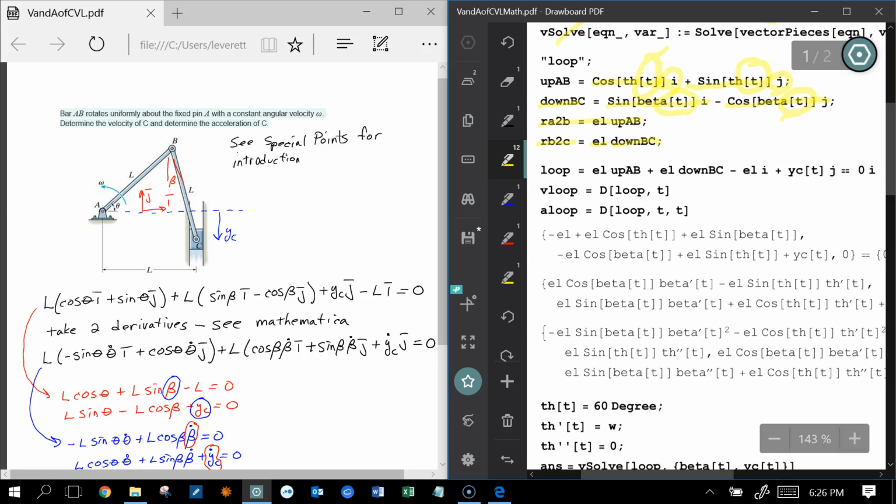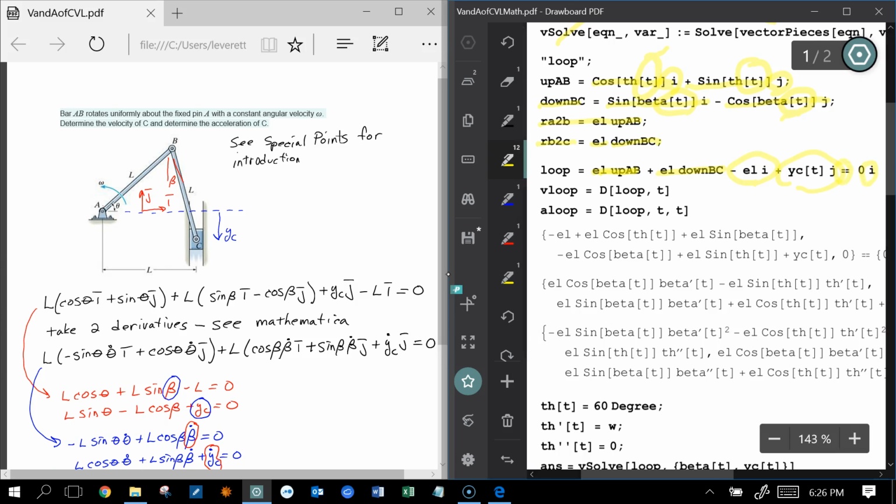The loop is equal to L up AB. I guess I could have used R A to B, whatever. Okay, L up the AB plus L down the BC minus I, or Li, plus the YCJ. So that's what you have over on the left-hand side. Okay? That equals, it's an equation, so it's equal to 0.